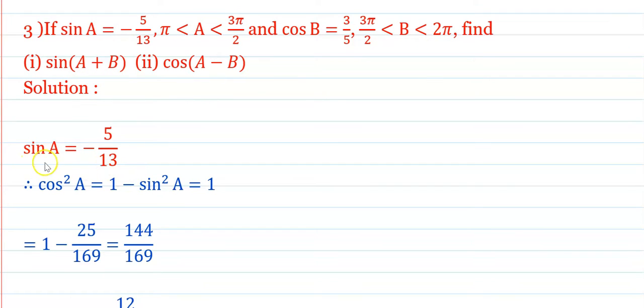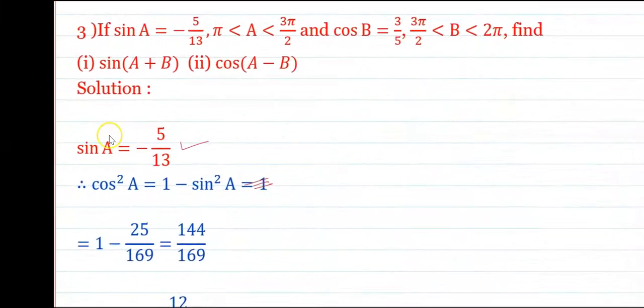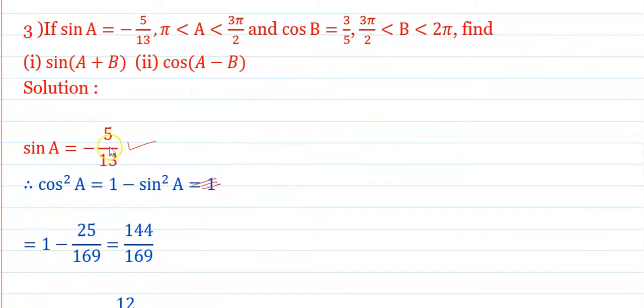Now we have sin A is equal to minus 5 by 13, and using this identity, cos square A is equal to 1 minus sin square A. Therefore, 1 minus the value of sin A, which is minus 5 by 13, squared, that is 25 upon 169. If we simplify, 169 minus 25, you will get 144 upon 169.